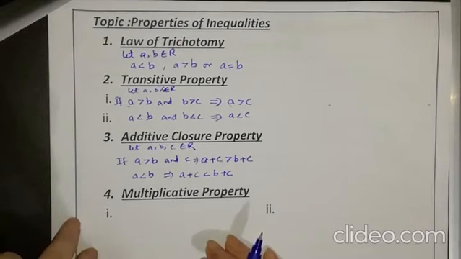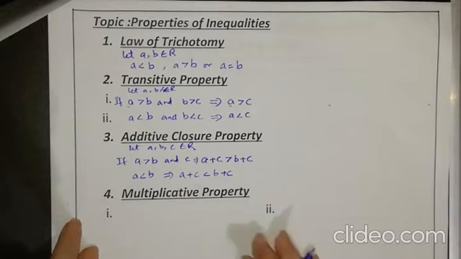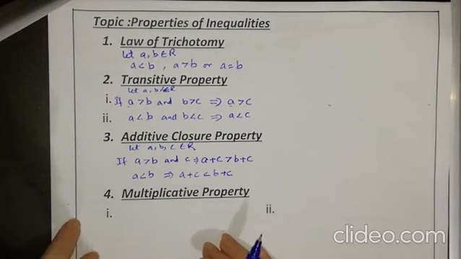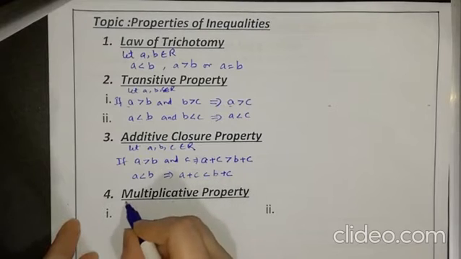Multiplicative property. In the multiplicative property, we have two cases depending upon your multiplier, whether you are multiplying with a positive number or with a negative number.